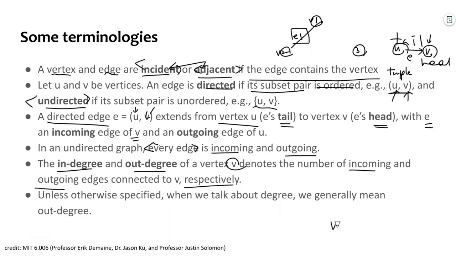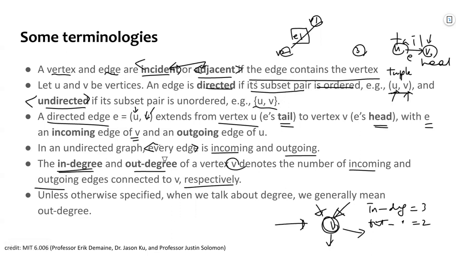As you can see here, let's say this is the vertex V, and there are 3 edges coming towards this node, and there are 2 edges coming out of V. Then we say the incoming degree, or in degree, is 3 because there are 3 edges pointing to V. And the out degree is going to be 2 because there are 2 edges going out from this vertex V.